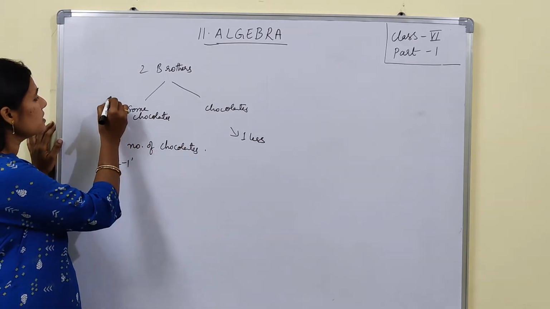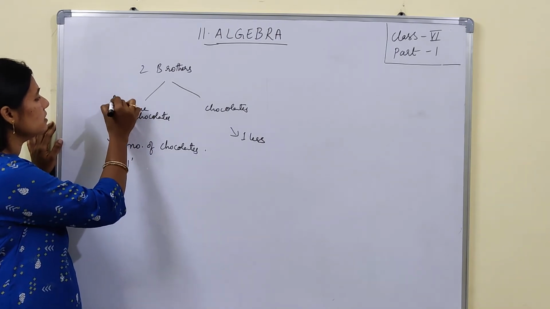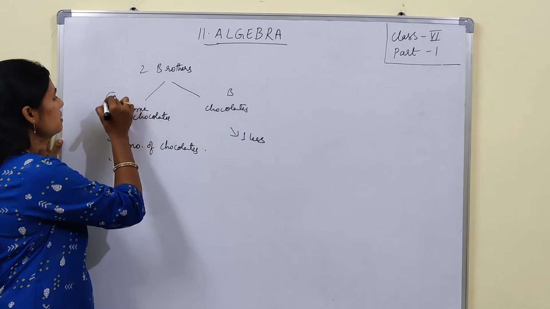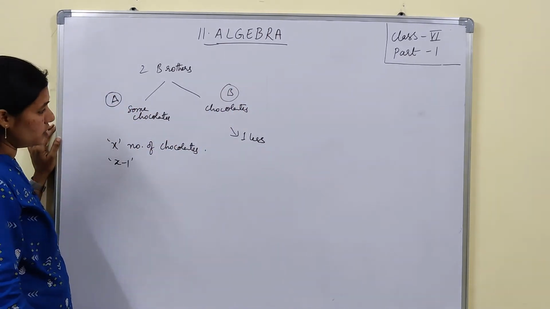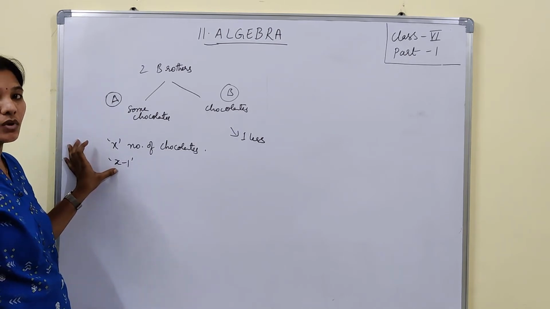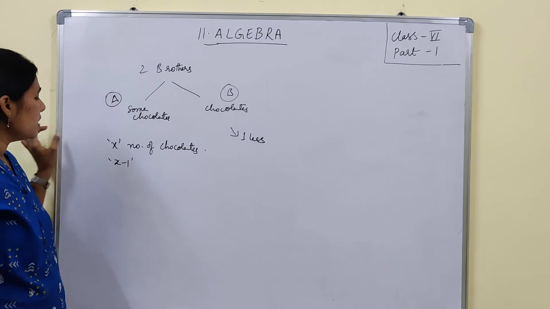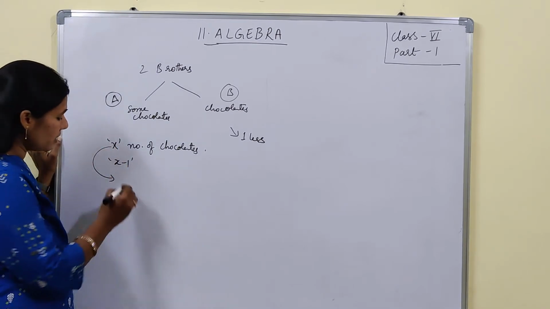If I name the two brothers A and B, and A has x number of chocolates, then obviously B has x minus 1 number of chocolates. So this x is nothing but a variable.